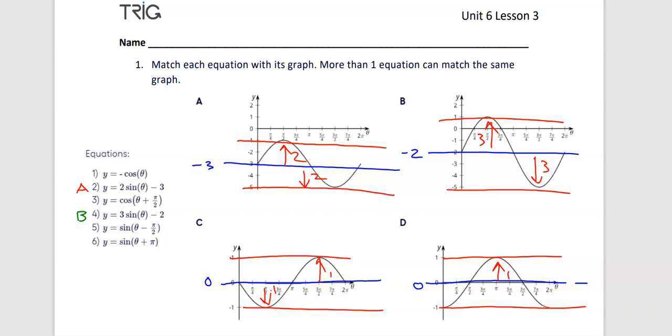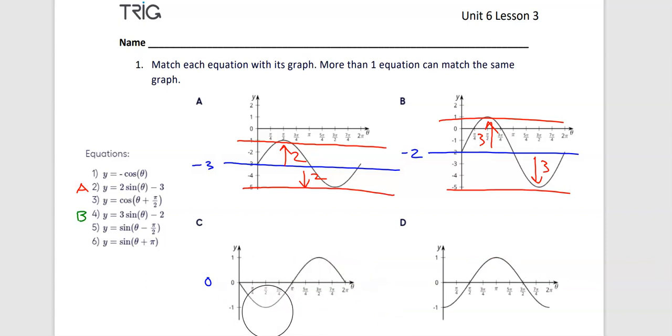Let's see if C, for example, is just a cosine graph, or if it's a sine and cosine. Keep in mind those two graphs have the same shape. It's just that the starting point on the y-axis is in different locations.